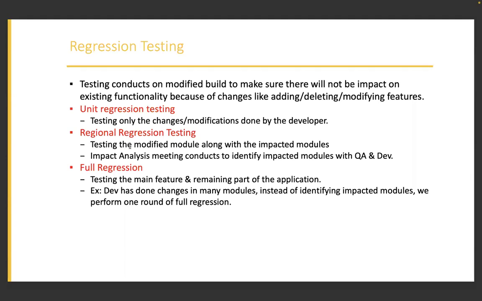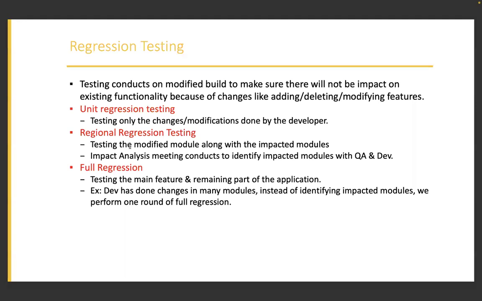Regression testing is something wherein if there are any changes happening in your application, modified by someone, let's say the development team, then our role is to make sure that those changes will not impact the existing functionality, existing features. So for that reason, we do regression testing.